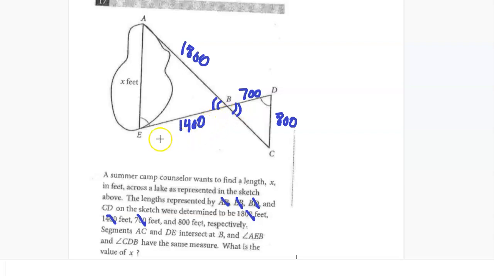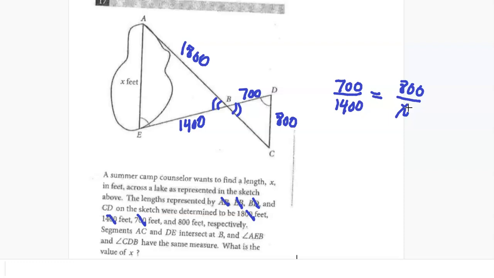So the side between the 1 hash and 2 hash angles on the small triangle is 700, so I have 700 is to 1,400. I'm liking the looks of that already. I'm looking for this one here, between the 1 hash and the unmarked angle. On the small one, that's 800, and this is going to be X.